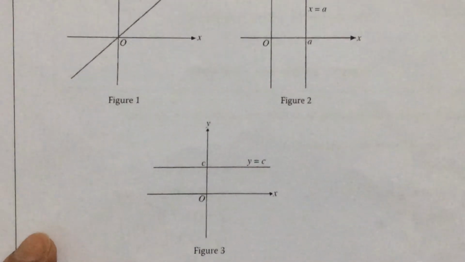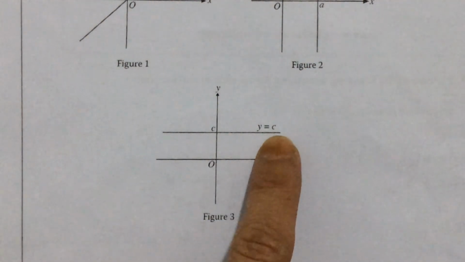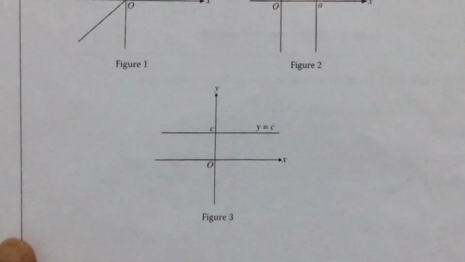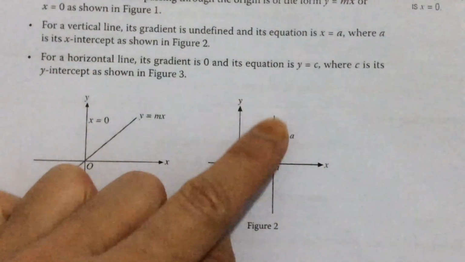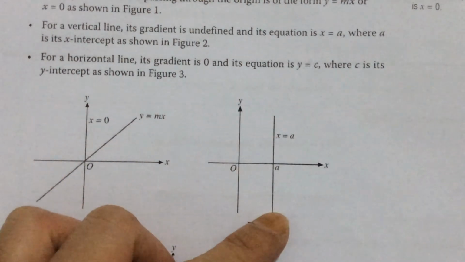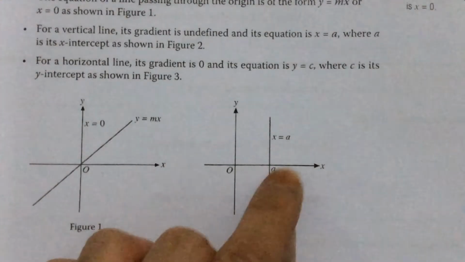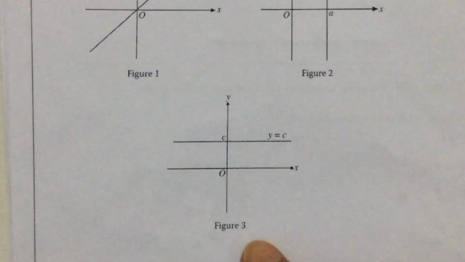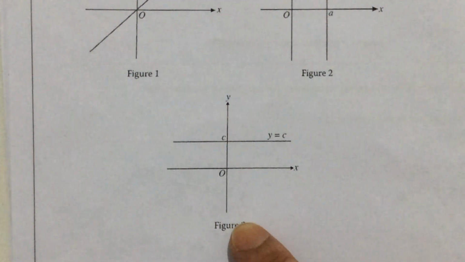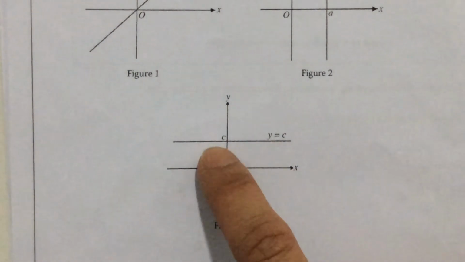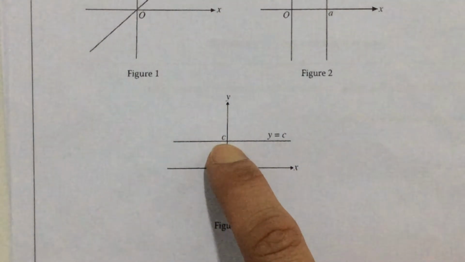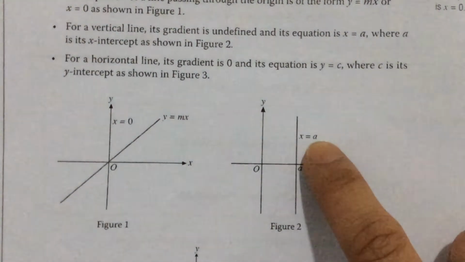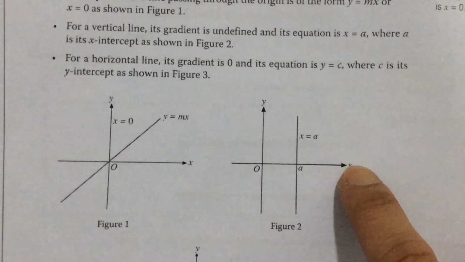You can see that y equals c is a horizontal line cutting at c, and x equals a is a vertical line cutting at a. So this will be y equals whatever it cuts on the y-axis, and here will be x equals the value of a which cuts on the x-axis.